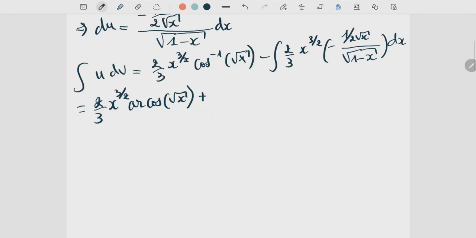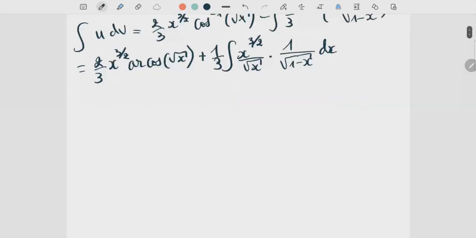So we have 2 over 3 here multiplied by the 1 over 2 here. That would give us 1 over 3 that comes out of the integration side. And what we're left with here is x to the 3 over 2 divided by root x multiplied by 1 over root of 1 minus x, dx.